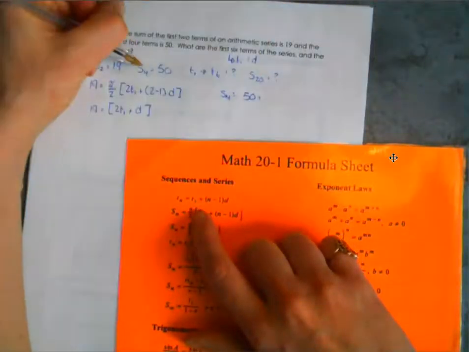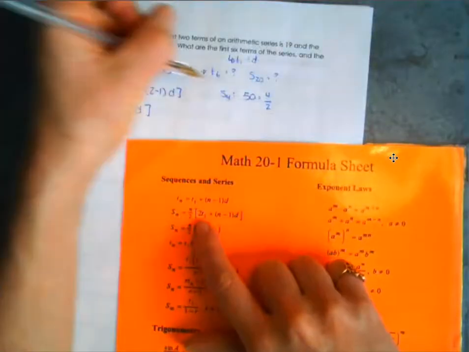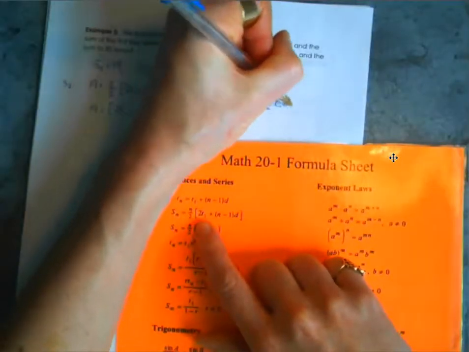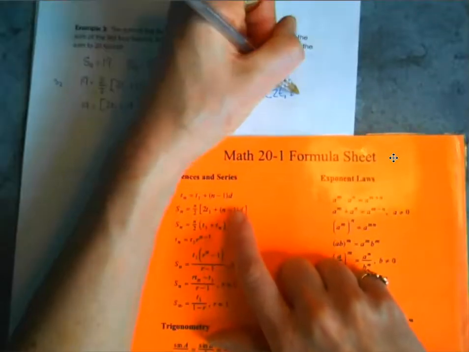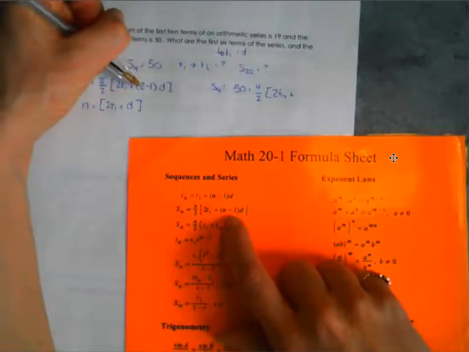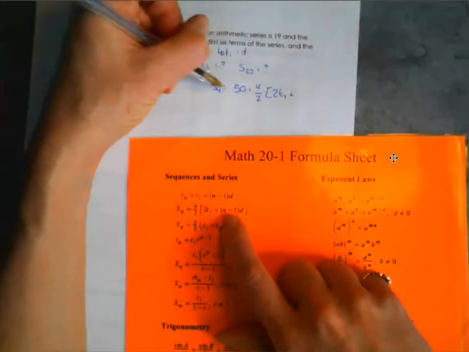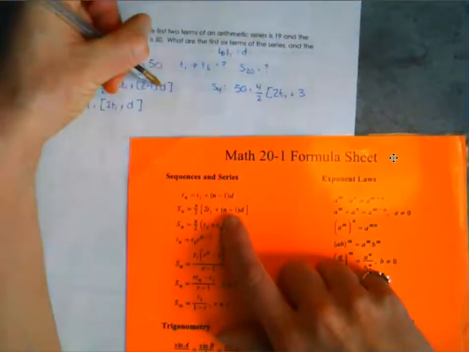And n for this one is 4, so 4 over 2, multiplied by 2T1, so we don't have a value for T1, so that stays the same, plus n minus 1. If you wanted, you could simplify here. N is 4 in this case, so 4 minus 1 is going to be 3, and then still multiplied by D.